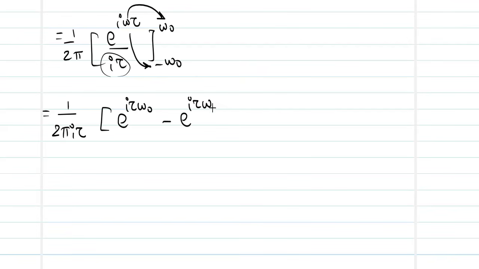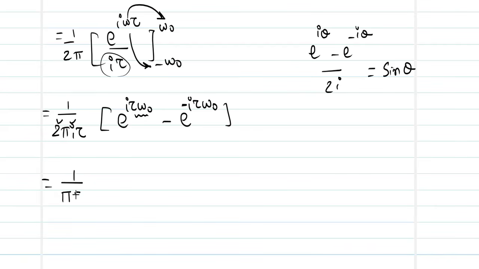What is the lower limit? Minus omega naught. So the minus sign comes outside. Now consider this is of the form e power i theta minus e power minus i theta. What do we know about e power i theta minus e power minus i theta? If we have it divided by 2i, I can replace and write this as sine theta. Now what is in place of theta? Tau omega naught. Okay, so let me bring this 2 and i inside. So I will be left with pi and tau outside.